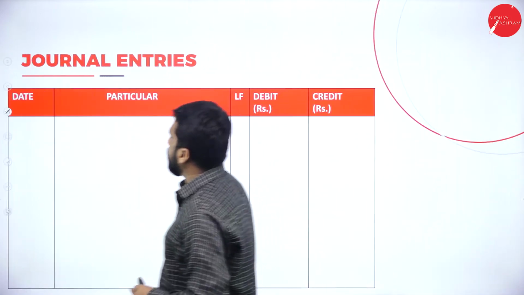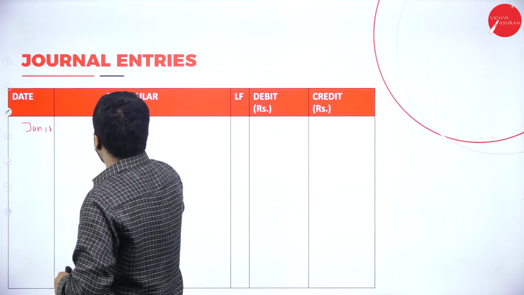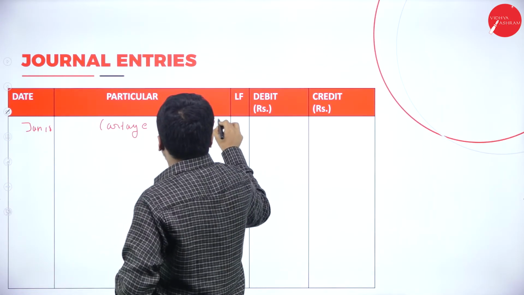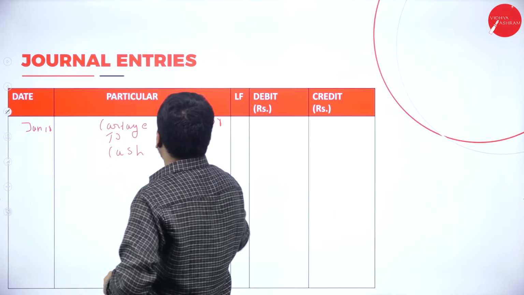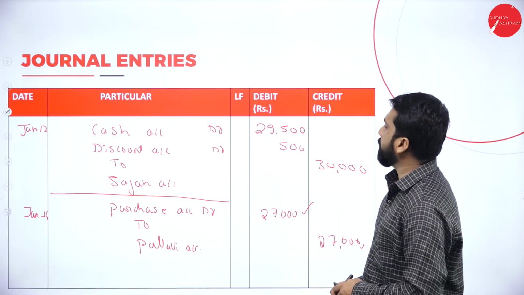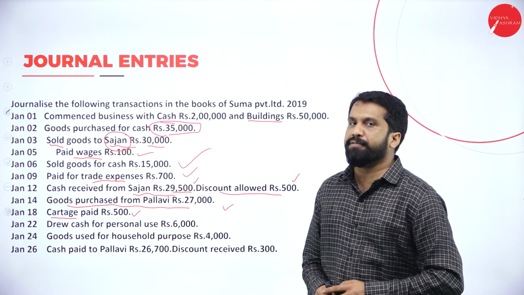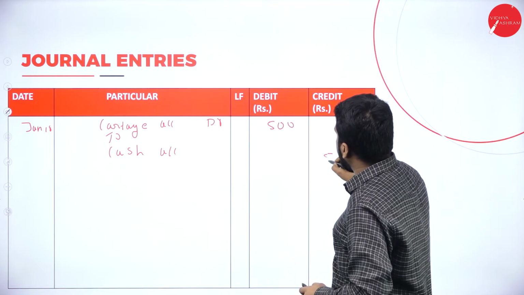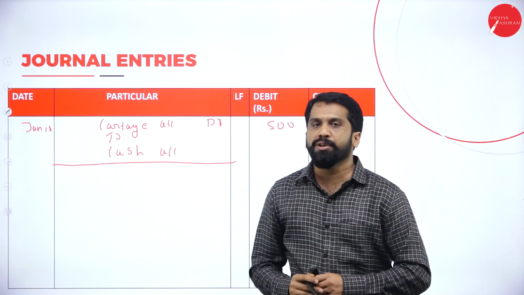What is the amount mentioned? We'll go back. The amount mentioned is 500. So this is 500 and this one is 500. Your January 18th also over.